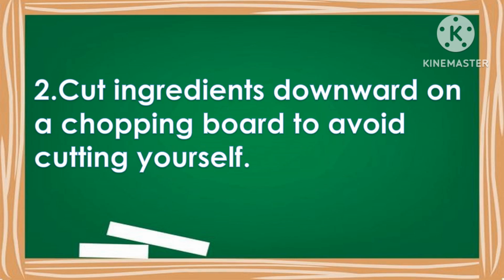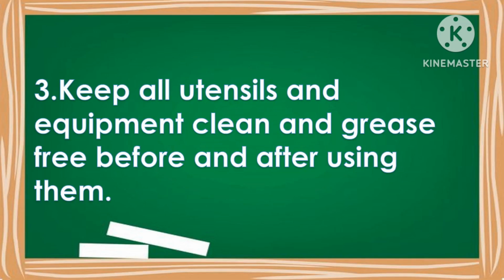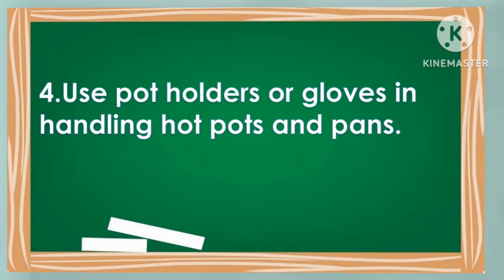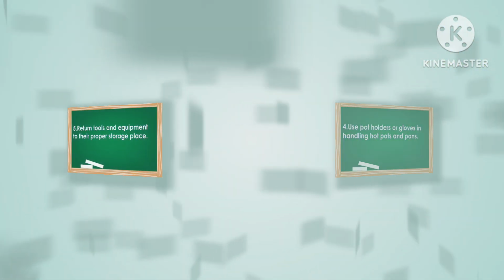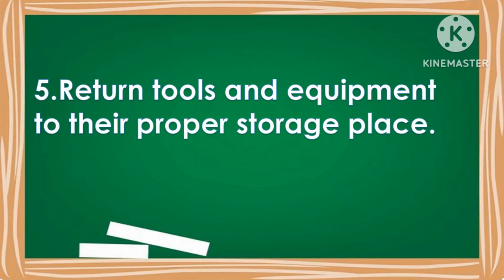Cut ingredients downward on the chopping board to avoid cutting yourself. Number 3. Keep all utensils and equipment clean and grease-free before and after using them. Number 4. Use pot holders or gloves in handling hot pots and pans. Lastly, return tools and equipment to their proper storage place.